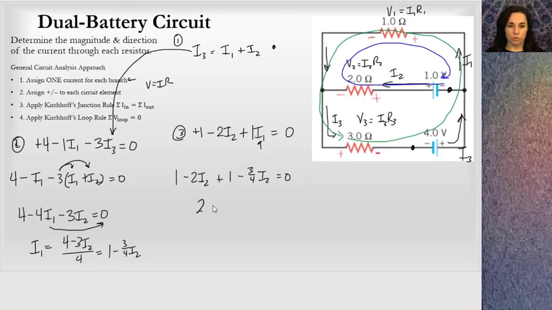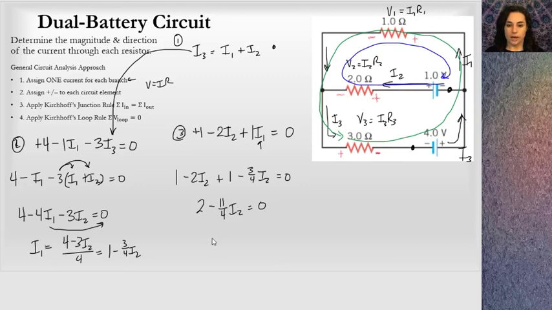I can get minus 2 minus 3/4. Well, -2 is -8/4. -8/4 minus 3/4 is -11/4 I2 equals 0. Okay, let's keep solving.